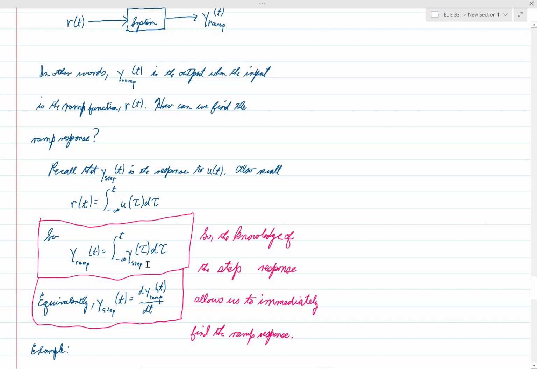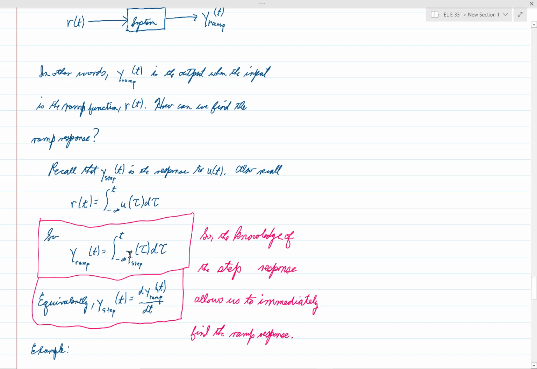It's the same kind of reasoning we used above to find the step response: since the step is the integral of the impulse, the response to the step is the integral of the response to the impulse. Same kind of reasoning here. Since the ramp is the integral of the step, the response to the ramp is the integral of the response to the step. Just that simple.